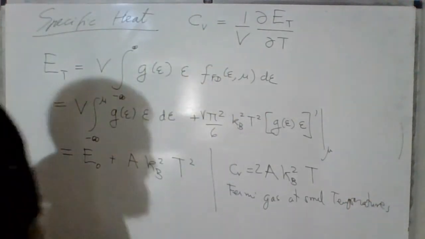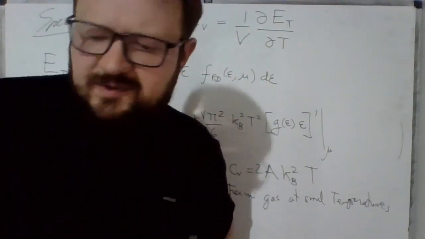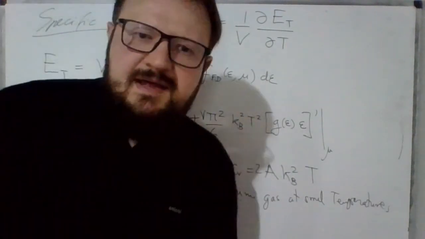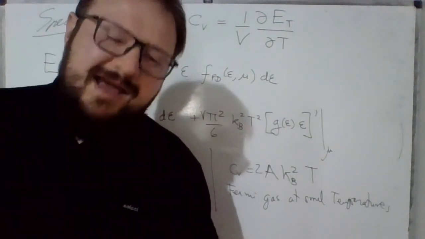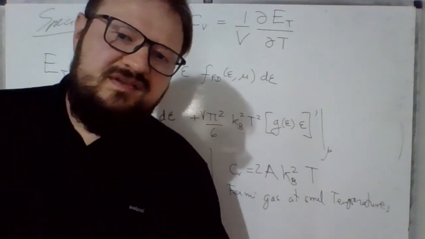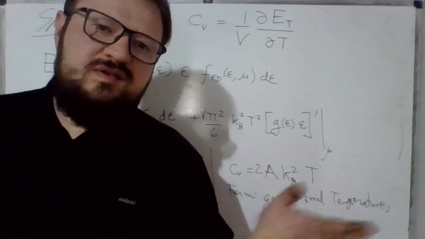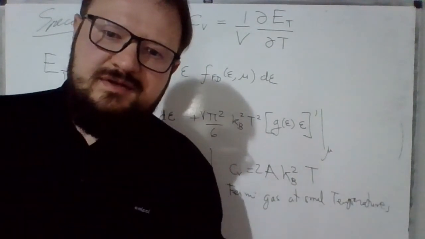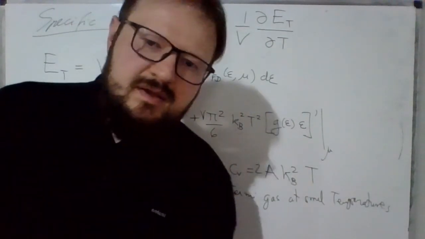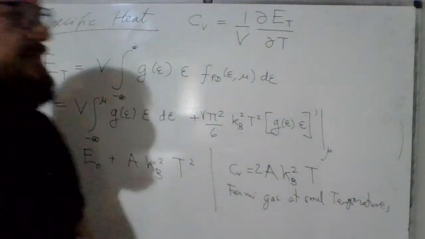For a very long time, perhaps, they thought that the contribution of the electron gas in a metal to the specific heat was the most important contribution, because electrons contribute mostly to the conductivity of the material. But if you calculate here, you'll find a very weak dependence.